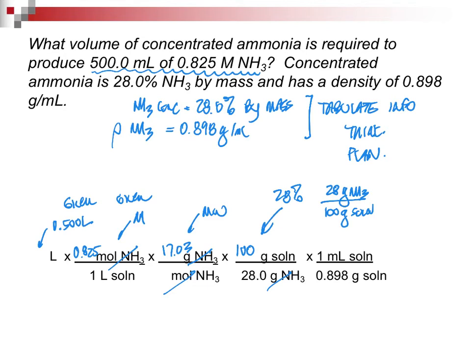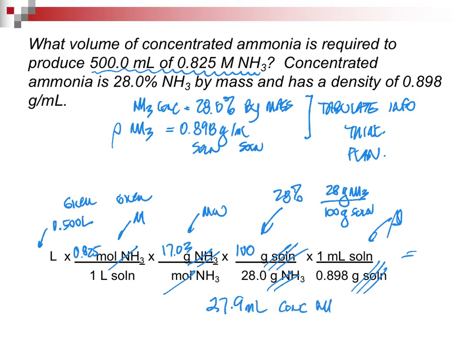Well, when we look at these densities, it really is grams of solution per mL of solution, and that is the last factor that I used. I used the density factor, 1 mL per 0.898 grams of solution, and as you can see, that gets rid of our third dimensional analysis label, and we come up with 27.9 mL of concentrated NH3.